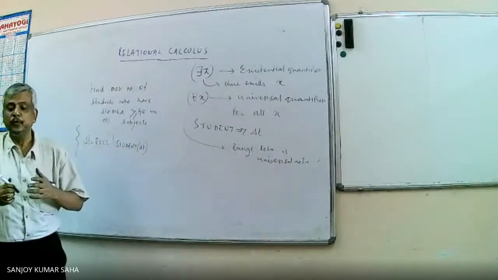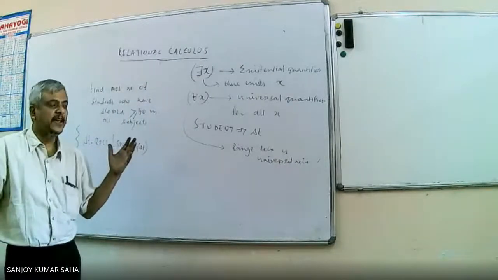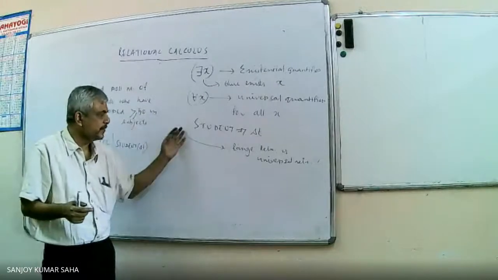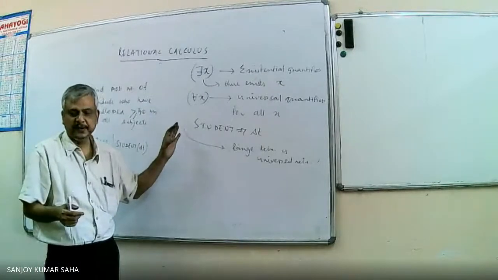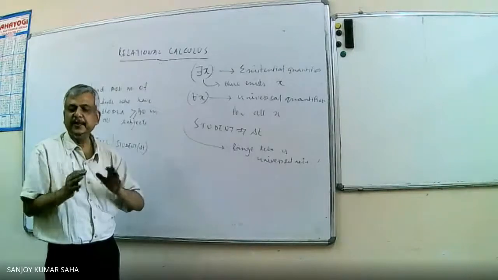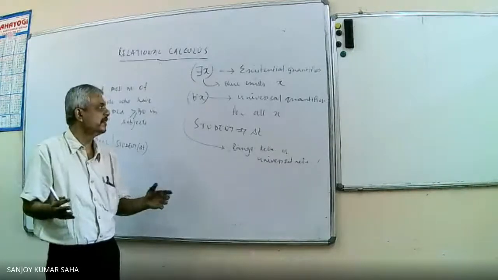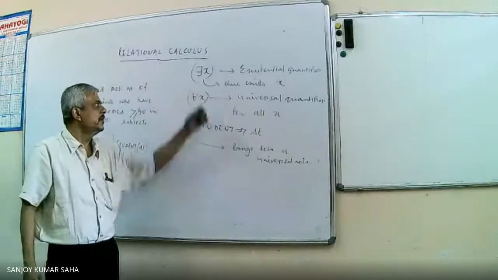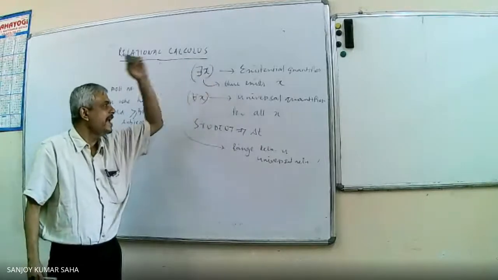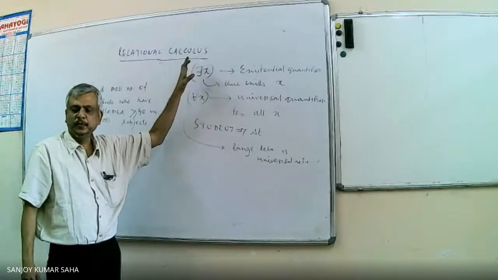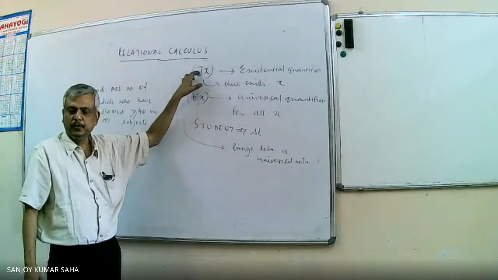The universal relation is the superset of every relation. It's not only our student and subject, the things we have specified. Conceptually, this is universal. So for anything in this universal relation, it must be true. Whereas with exists, if it is true for at least one tuple, then it is good enough. It will be given true.